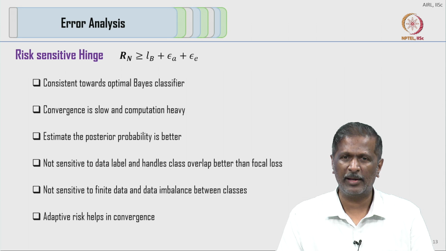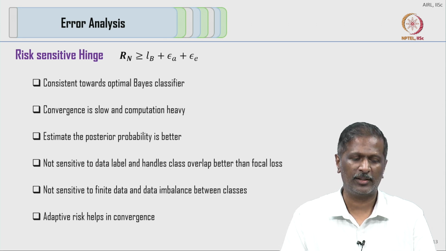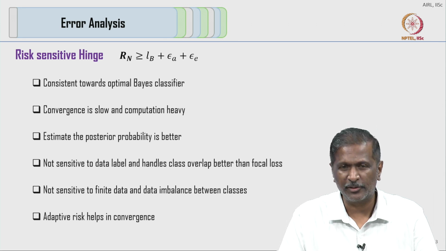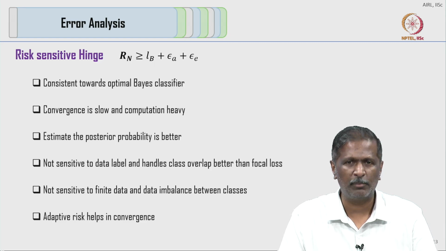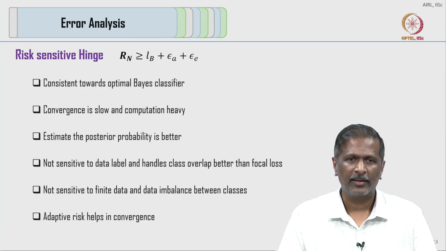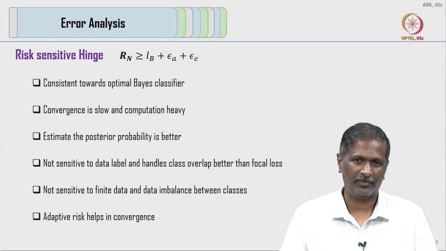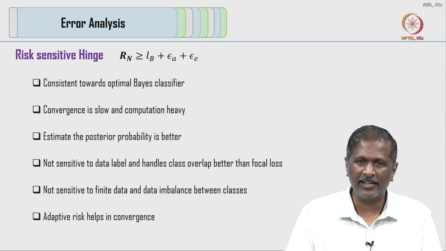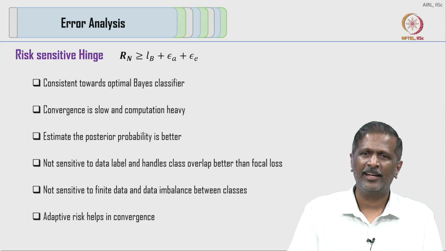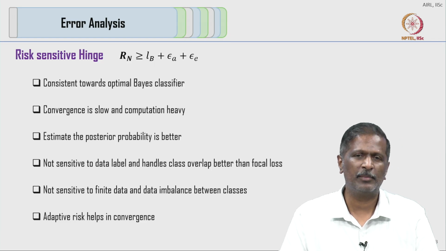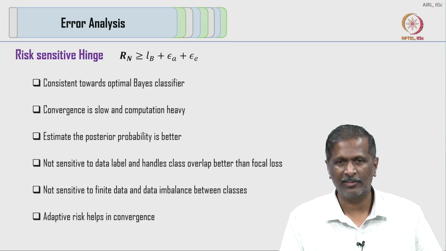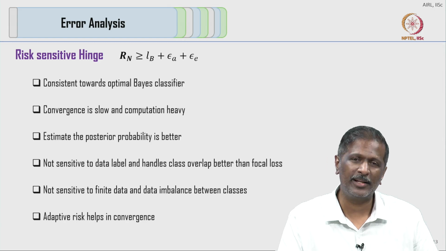Here, if you make M adaptive, it will be better than the focal loss. It's not sensitive to finite data and data imbalance. It handles the data imbalance effectively. If you use adaptive risk, it converges much better. But then it adds the additional problem of how we adapt the risk factors based on the estimation, which means it increases the computational cost.